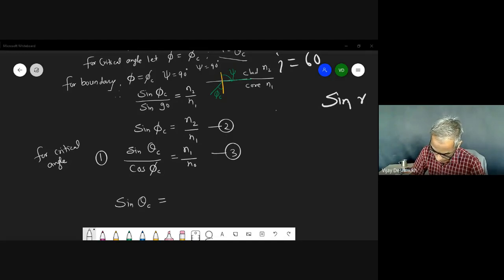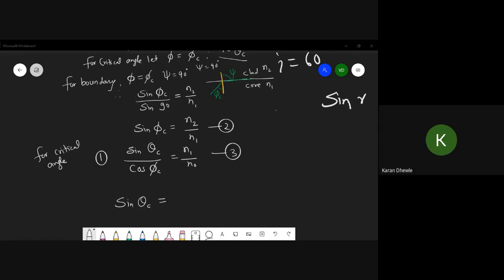Number 5 Vaibhav Bhute. Number 6 Atul Chaudhary. Number 7 Vedanti Chimurkar. Not here. Number 8 Karan Dhave. Yes, sir.